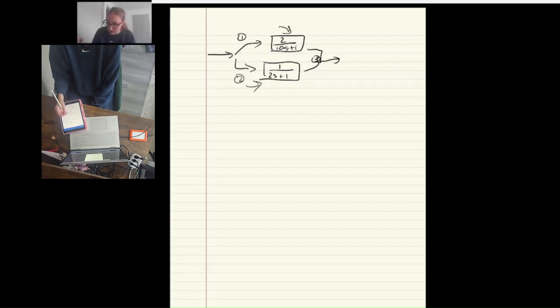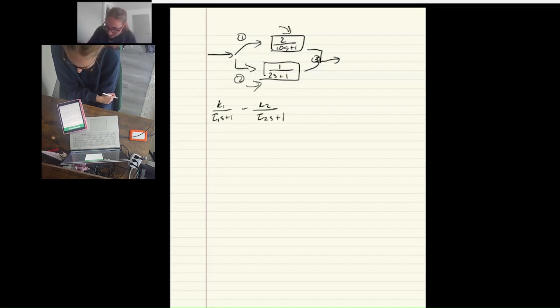So we can rewrite this as k1 over tau 1 s plus 1, minus k2 over tau 2 s plus 1. And then we're going to do our common denominator and get them together.